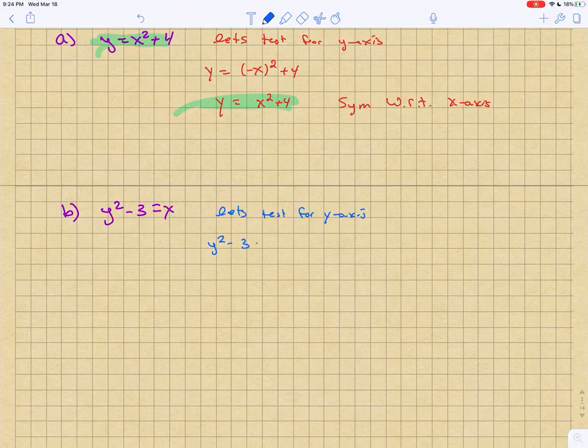So I have y squared minus 3 equals the opposite of x. When I process that one, that doesn't quite look the same. It's not the same, so it's not symmetric with respect to the y-axis.